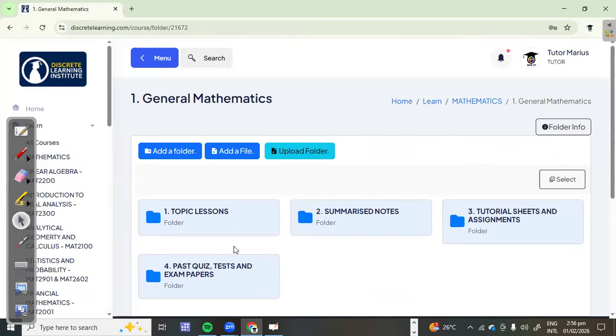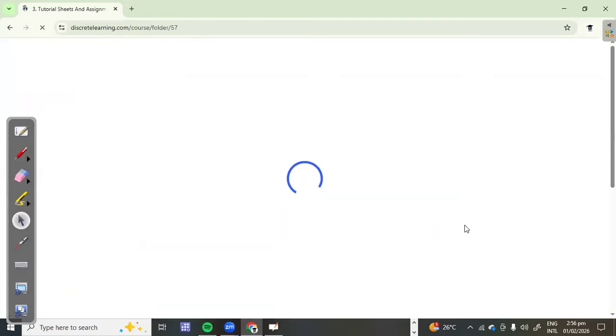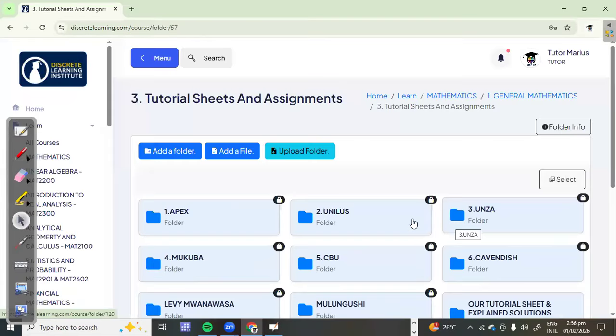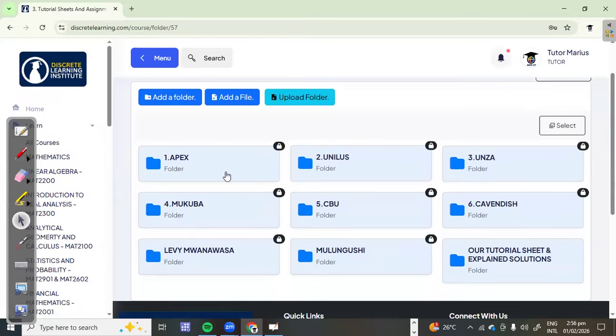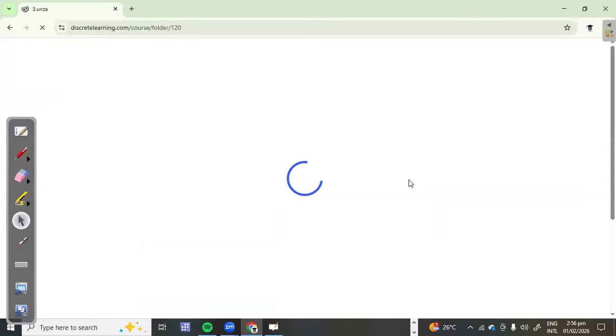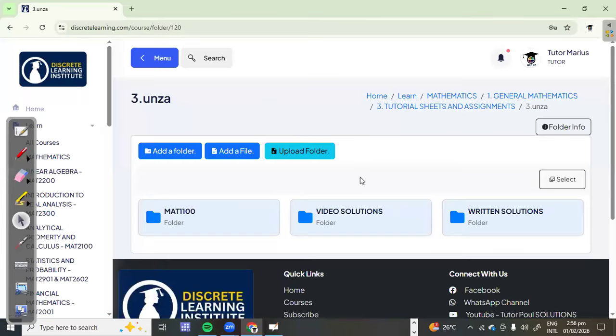So you can check out any of this information. It being a tutorial sheet, probably you find it here in the tutorial sheet folder. When you find here, you just go to which university you belong to, UNZA. So you go UNZA there, and then from there, you'll find Math 1100, you have videos, and you have written solutions like that.